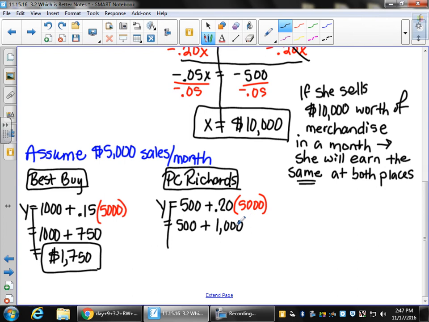So she'd make 1,000 for her commission, which is 1,500. So should she take the job at PC Richards? No. If she makes less than 10,000 in sales, she definitely wants to keep her job because this is definitely more money than the 1,500.